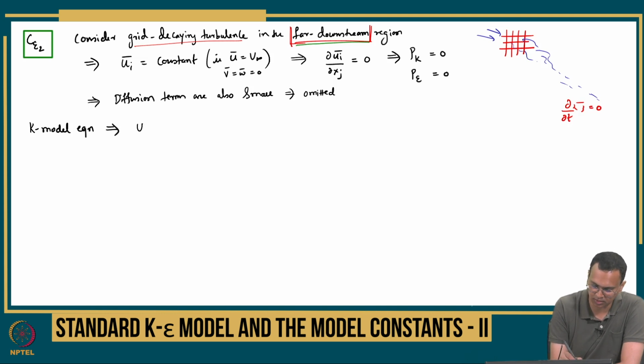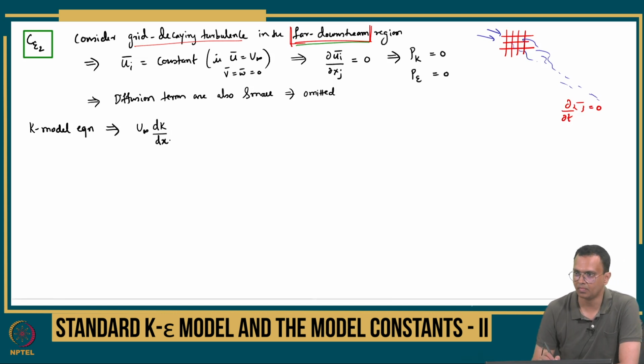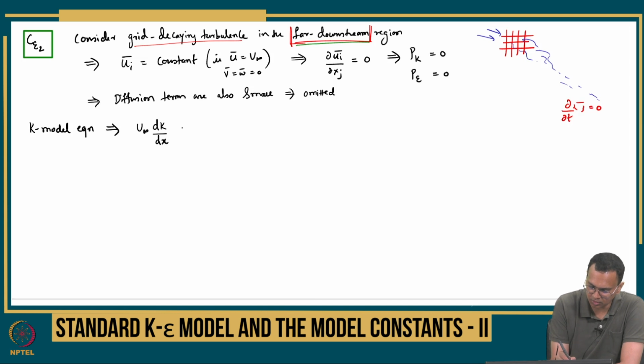So one term survives, u infinity dk by dx. The d by dy, d by dz terms are not present because the other two velocities are essentially 0 when it has come to a free stream condition. So this is the only term surviving on the left hand side of your K model equation.